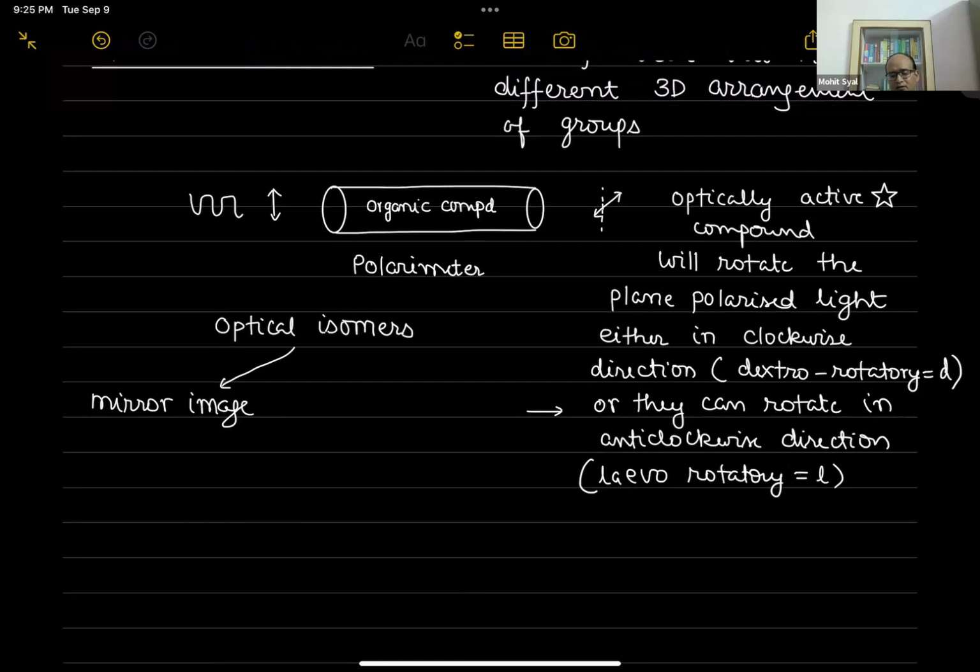Got it? So optical isomers are compounds which show different optical rotation. They could either be mirror images of each other. Mirror image isomers are known as enantiomers.